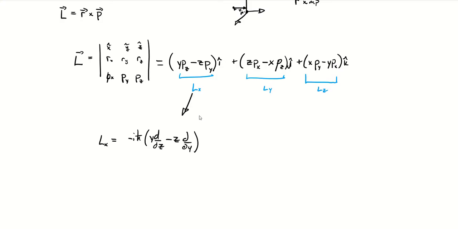Similarly, we could get the components in position representation for the others, where the position variables are just those variables, and the momentum operators are just the negative i h bar partial derivative in that coordinate.